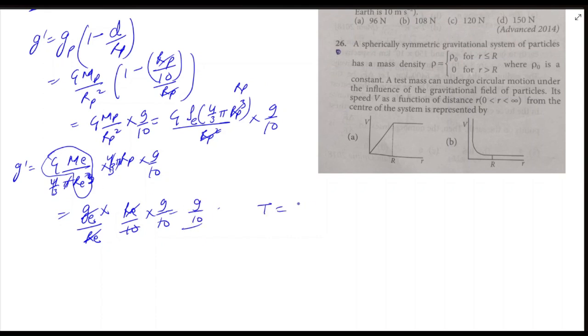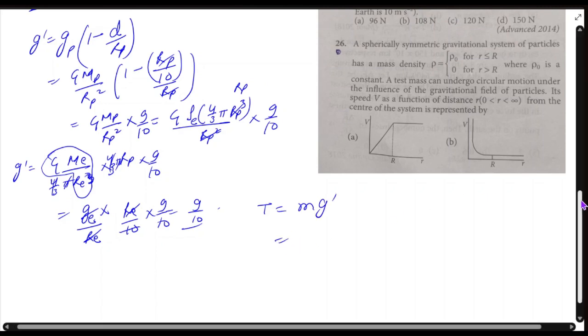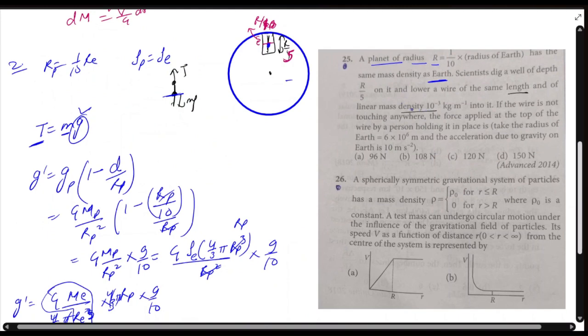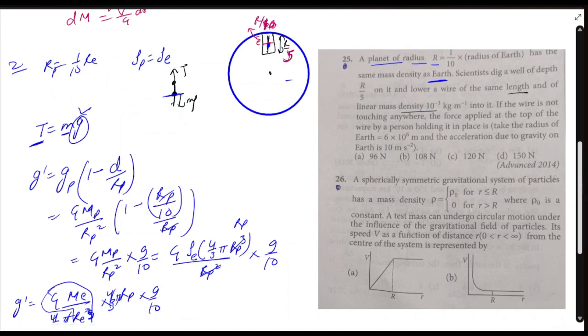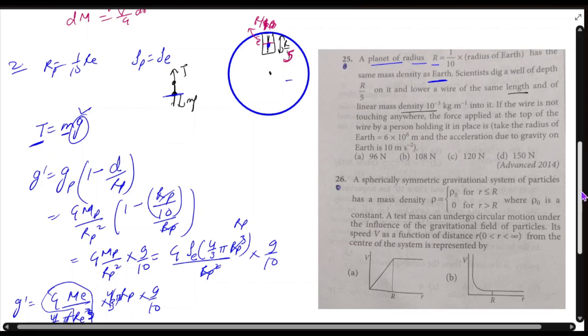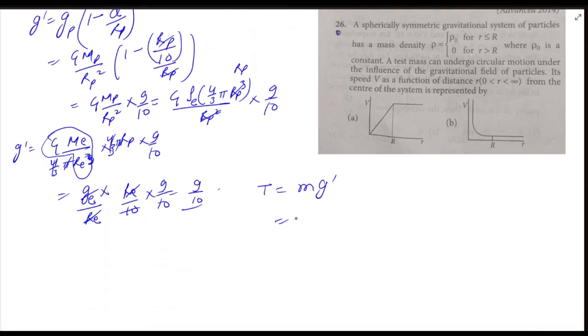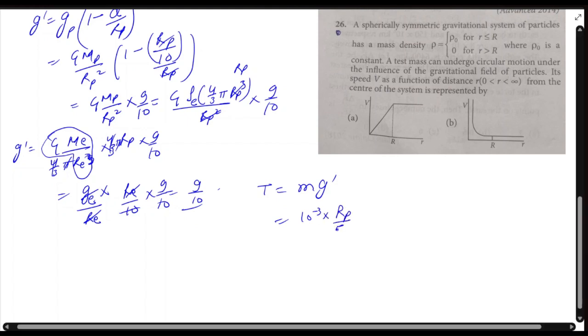Now the tension will be M into G dash. Now the mass: the linear mass density is 10 raised to power minus 3, multiplied by the length, which is RP by 5. So we write 10 raised to power minus 3 into RP by 5 into G dash, which was 9 by 10.